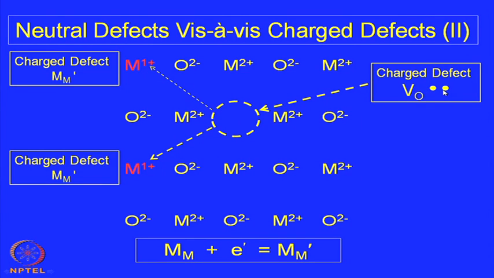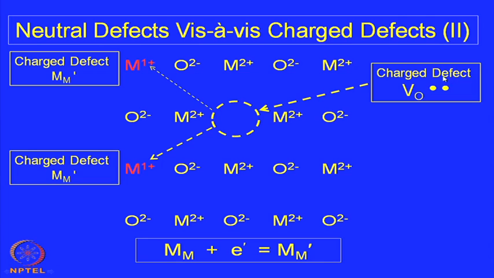Two dots means an effective positive charge, a deficiency of two negative charges. It was having two negative charges in the form of an oxygen ion, and that negative charge has left that site. So far as this site is concerned, it is effectively positively charged, double positive charge, and since it is not the actual charge, it is really not 2 plus, it is the deficiency, just like holes in the case of semiconductor physics.